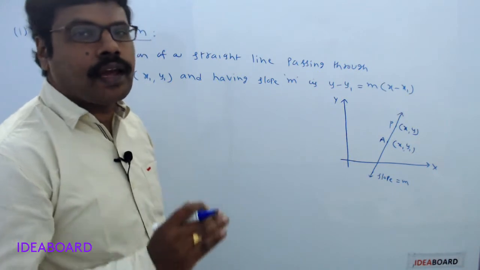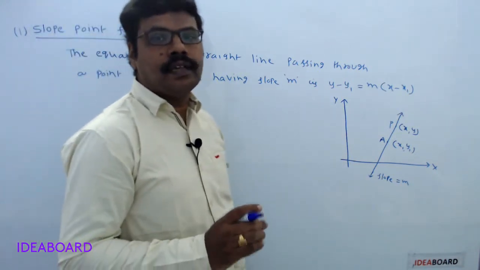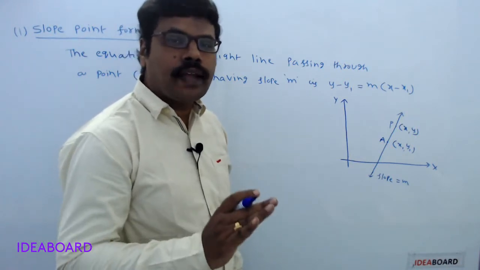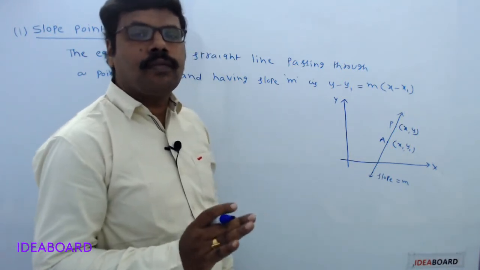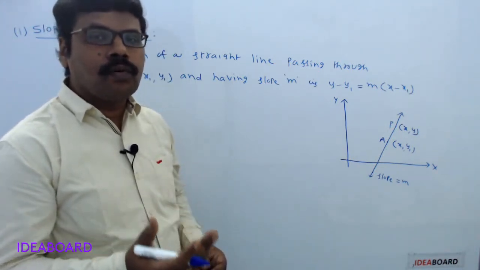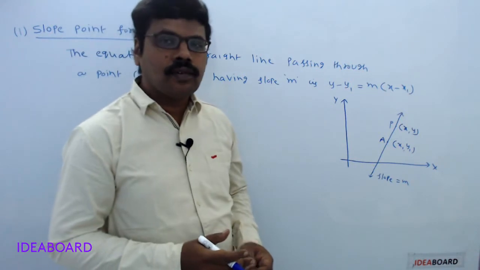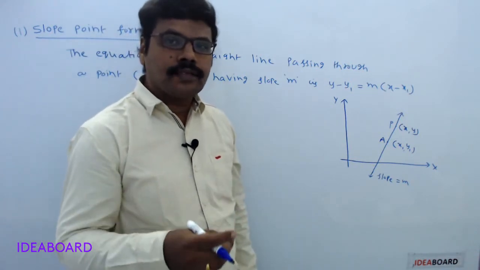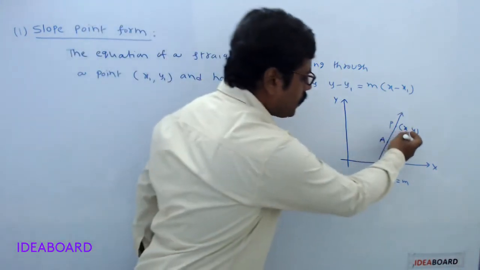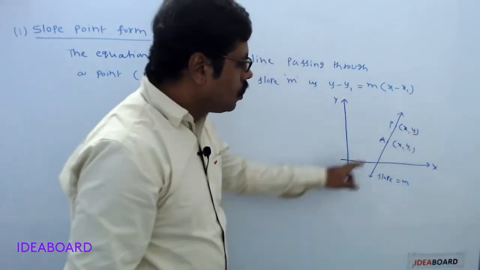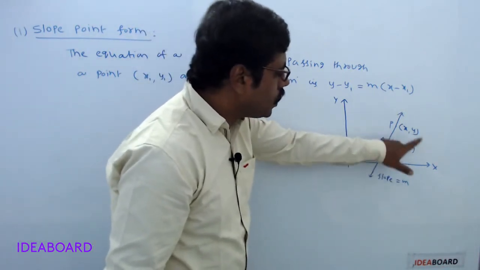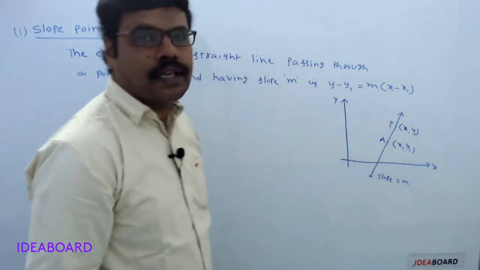The slope of a line passing through two points x1, y1 and x2, y2 is y2 minus y1 divided by x2 minus x1. So use that formula on these two points. The slope of line AP is y minus y1 divided by x minus x1.